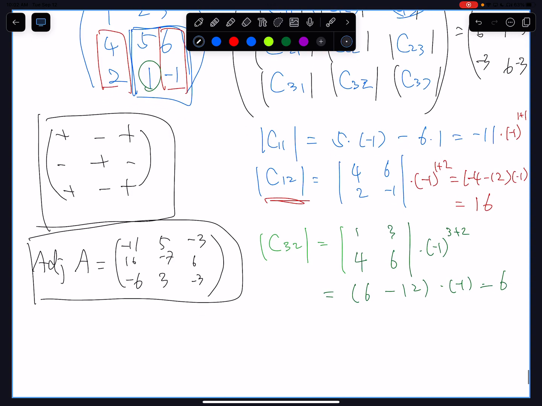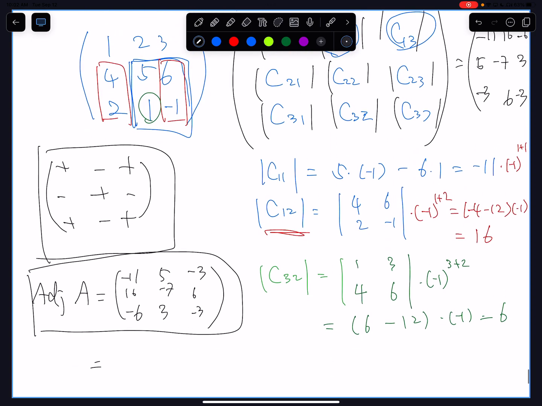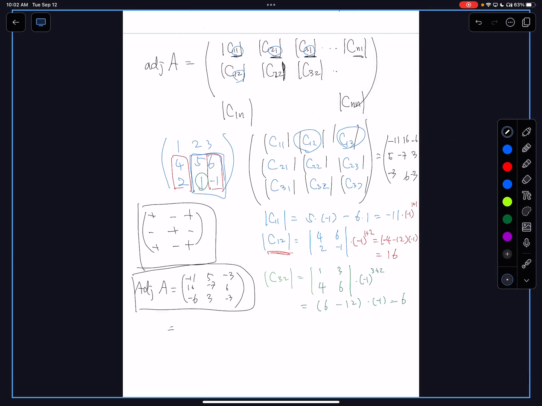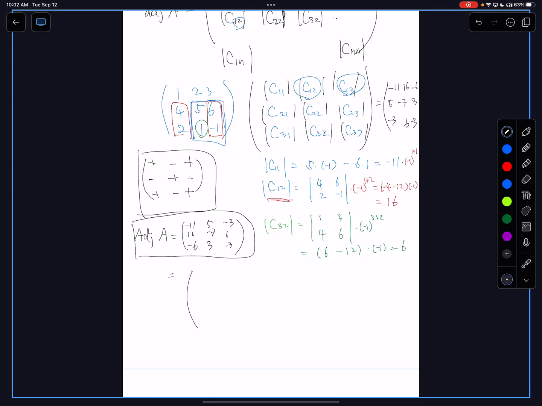So this is the adjugate matrix, which is C11, C21, C31, C12, C22, C32, C13, C23, C33.